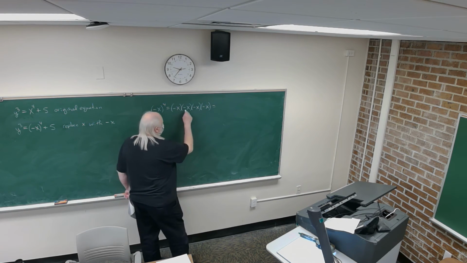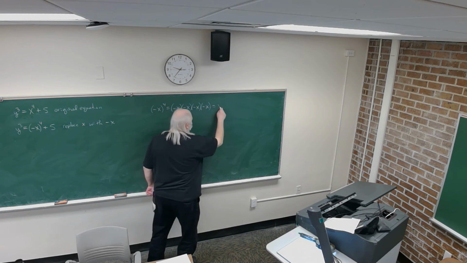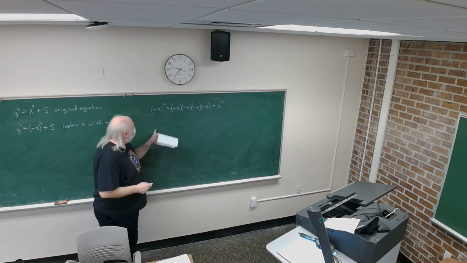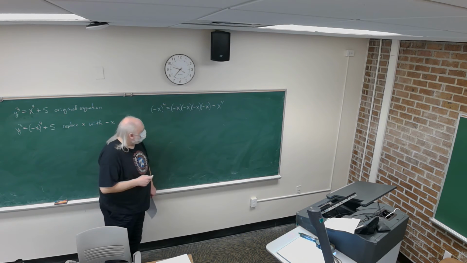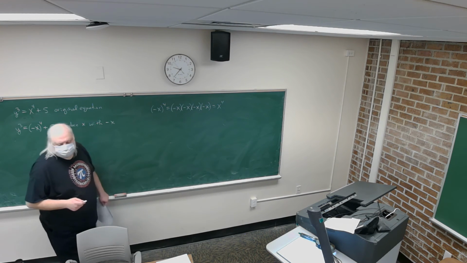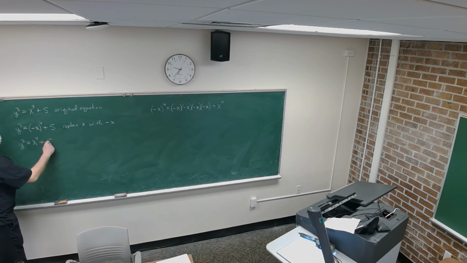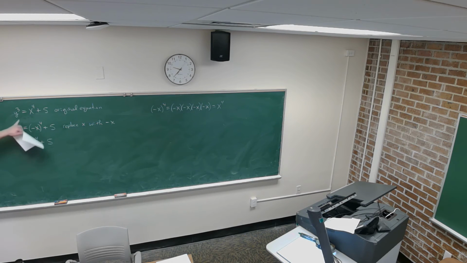And then we have x times x times x times x, which is x to the 4th. So (-x) raised to the 4th power is equal to x to the 4th. So on the right-hand side, (-x) to the 4th power is equal to x to the 4th. And that's our original equation: y cubed is equal to x to the 4th plus 5.